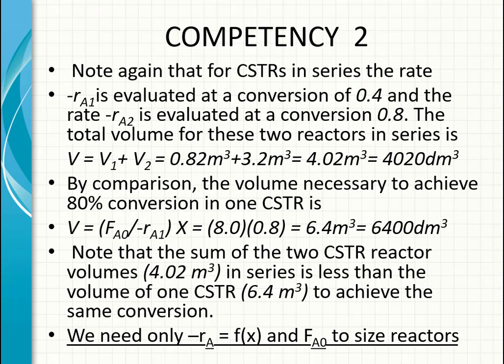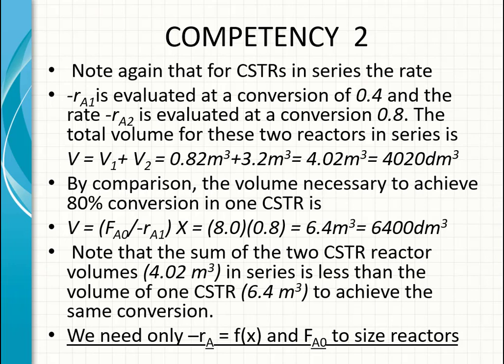The total volume for these two reactors in series is V1 plus V2, equal to 0.82 cubic meters plus 3.2 cubic meters, which is 4.02 cubic meters or 4,020 liters.